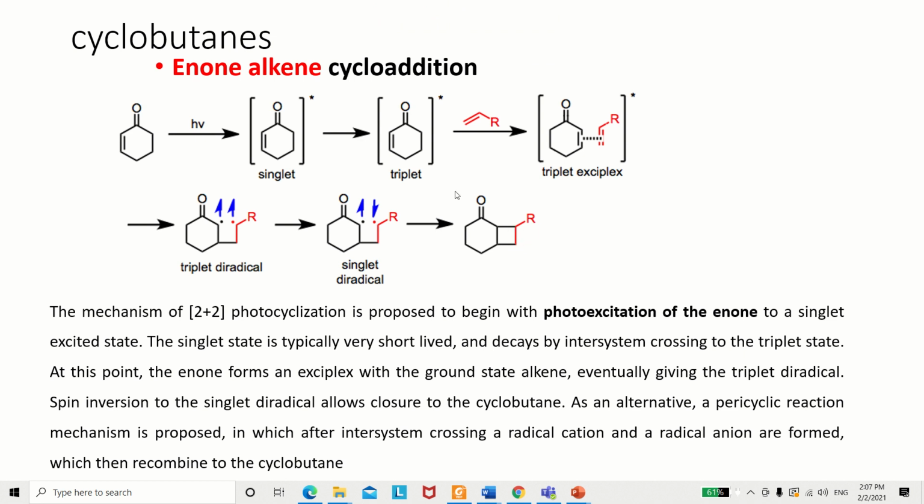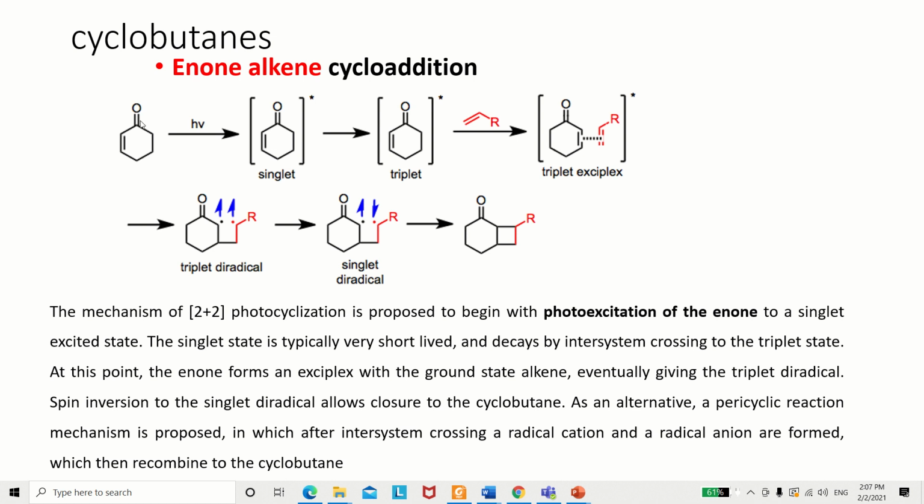As you see in the mechanism, it is typically similar to the 2 plus 2 photocycloaddition, as I said earlier, and it is proposed to begin with the photoexcitation of the enone to a singlet excited state.